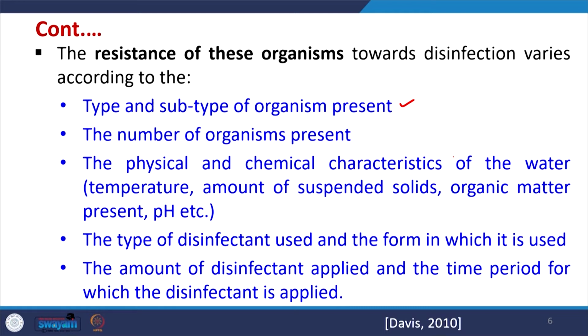Also the number of organisms. The type, subtype and number of organisms present all change the dose response curve. In this way the amount of chemical to be used, or the wavelength and its intensity, changes. Then there are the physical and chemical characteristics of the water.